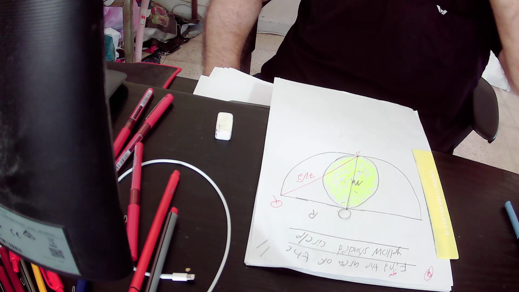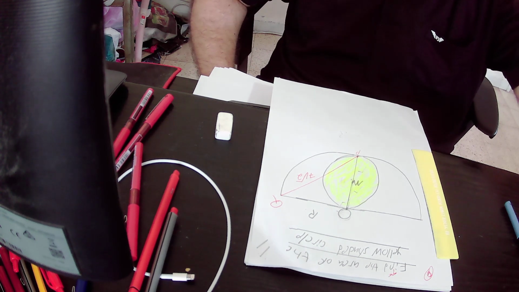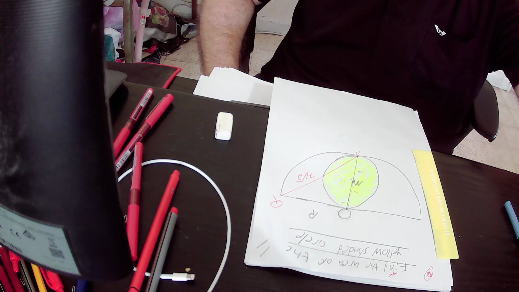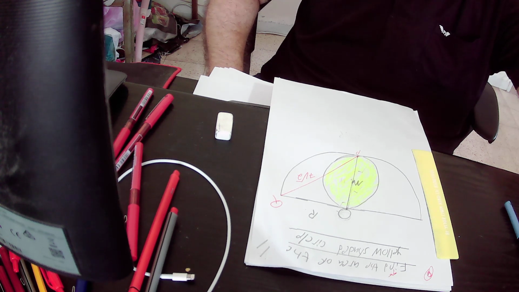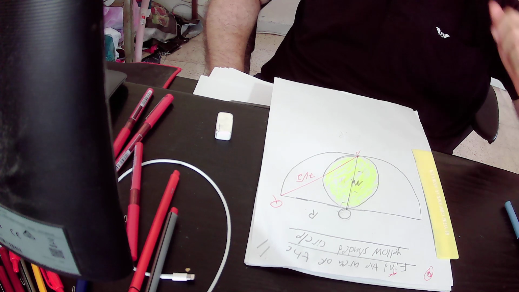Okay, actually we have a theorem that states that the point of contact between two circles creates a straight line with the line that connects their centers.